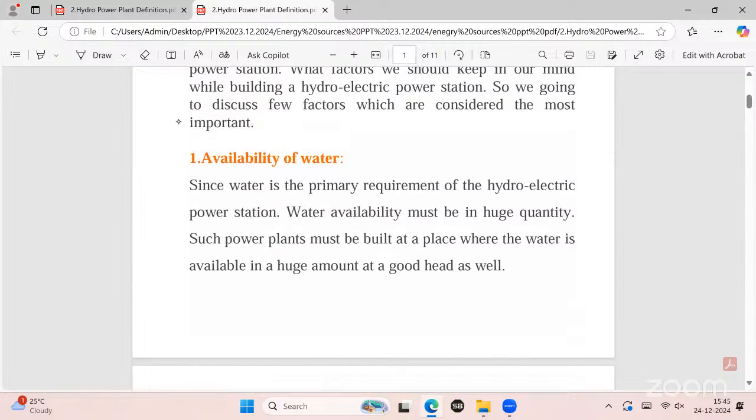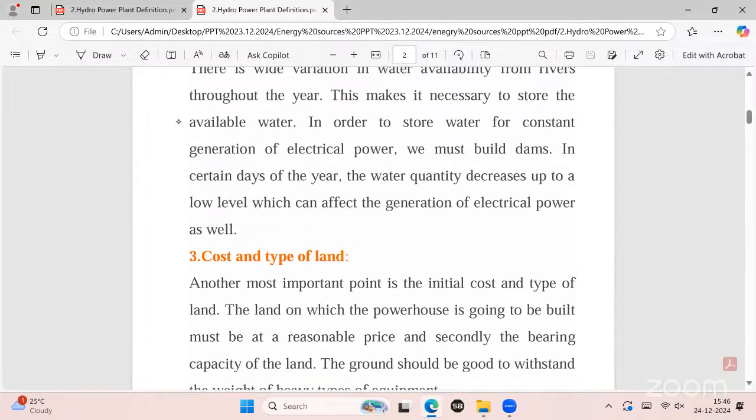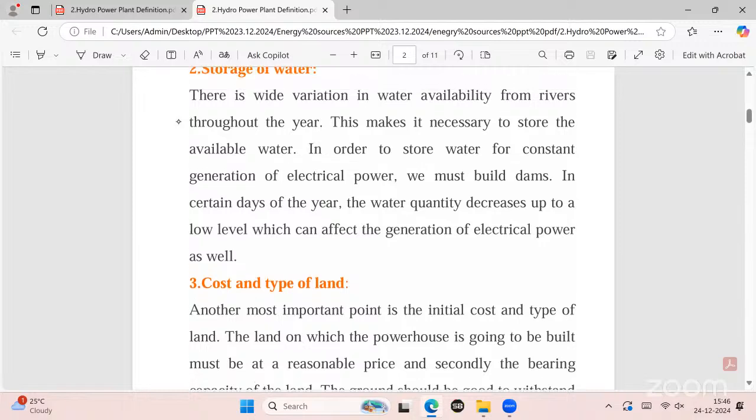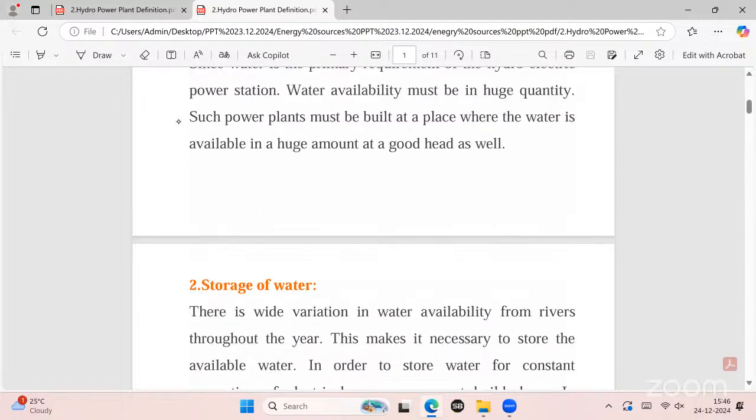Availability of water: we should have a lot of water before going for a hydropower plant. Second, storage of water.